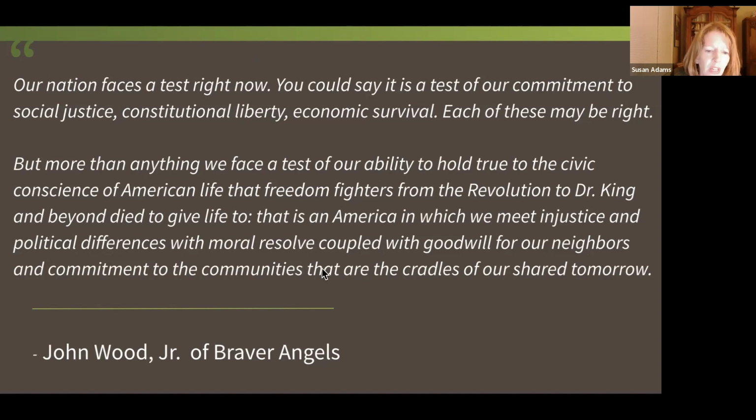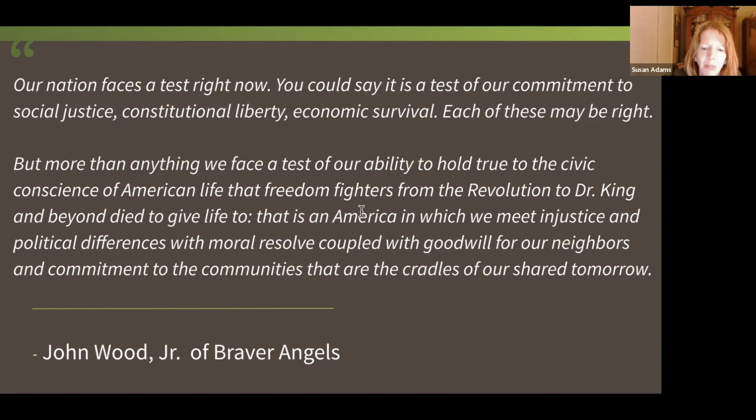But more than anything, we face a test of our ability to hold true to the civic conscience of American life that freedom fighters from the Revolution to Dr. King and beyond died to give life to. That is, an America in which we meet injustice and political differences with moral resolve, coupled with goodwill for our neighbors and commitment to the communities that are the cradles of our shared tomorrow."